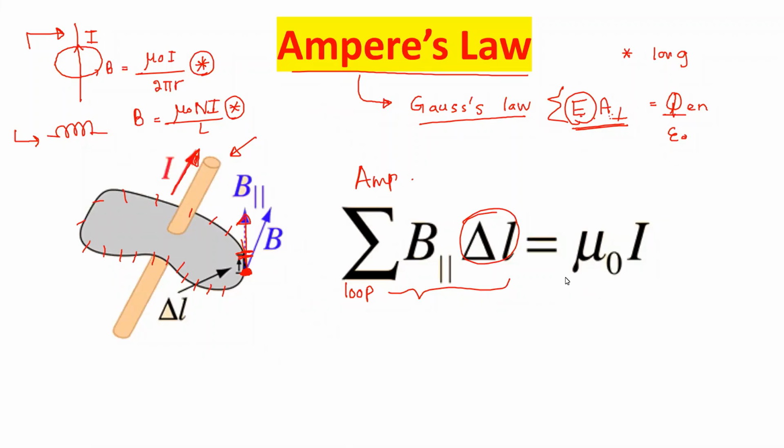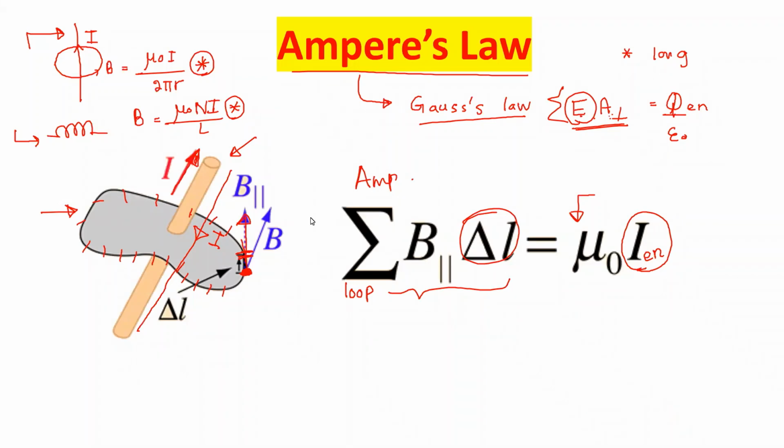And on this side, we have this constant mu naught. And this I here is the enclosed current. It is the current inside your Amperian loop. This is my Amperian loop. So the current inside my Amperian loop in this example is I, right? Let's say I had another current carrying wire going this way. Then what would be my enclosed I?